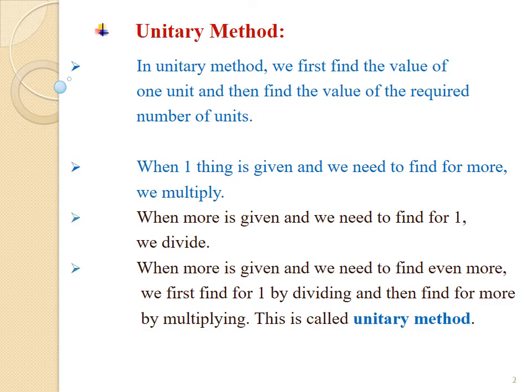When more is given and we need to find for one, we divide. When more is given and we need to find even more, we first find for one by dividing and then find for more by multiplying. This is called unitary method.